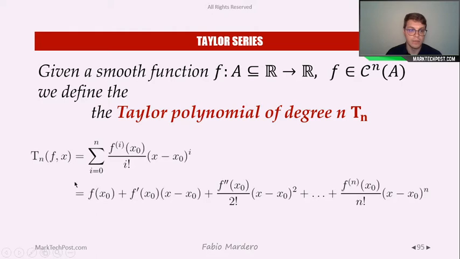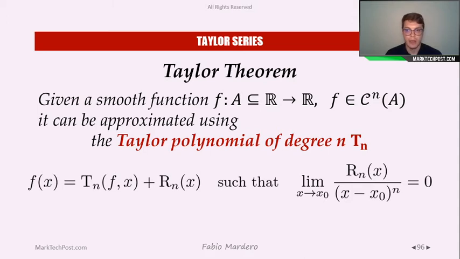This leads us, if we consider the polynomial of degree n, to f(x0), plus f prime, the first derivative of f computed at x0, times x minus x0, and so on, up to the nth derivative of f computed at x0 over the factorial of n, multiplied by x minus x0 to the power of n. This is the Taylor polynomial.